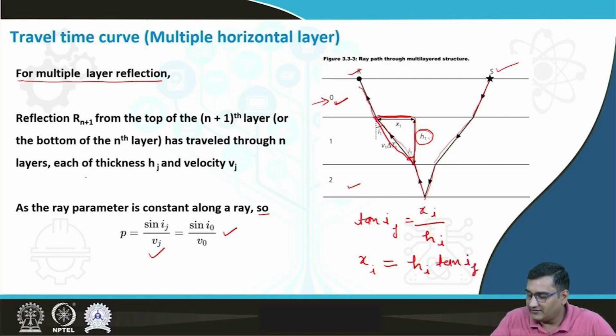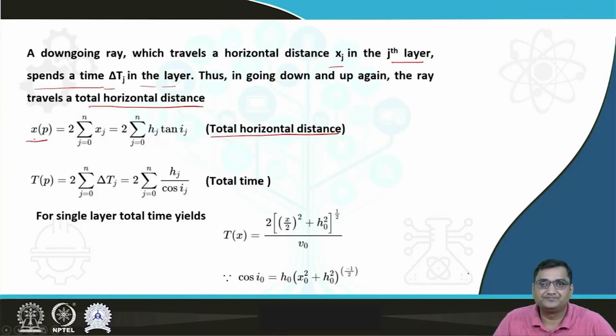Since the ray is going down and up, that means twice the distance. So the total distance that it will cover in the jth layer will be 2 hj tan ij.